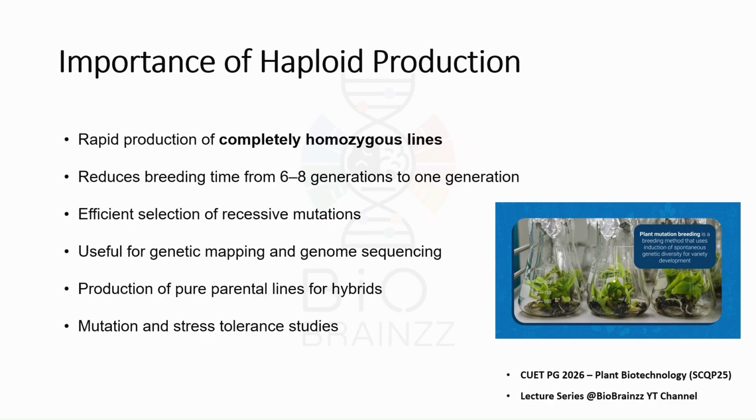Haploids are also useful for mutation breeding, gene mapping, genome sequencing, and hybrid cell production because they simplify genetic analysis and accelerate breeding programs. Haploid technologies are widely used in modern crop improvement.